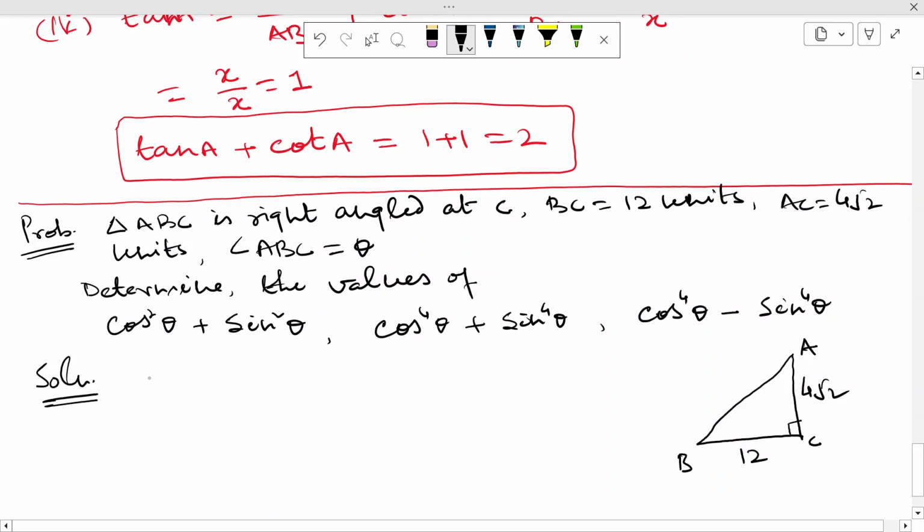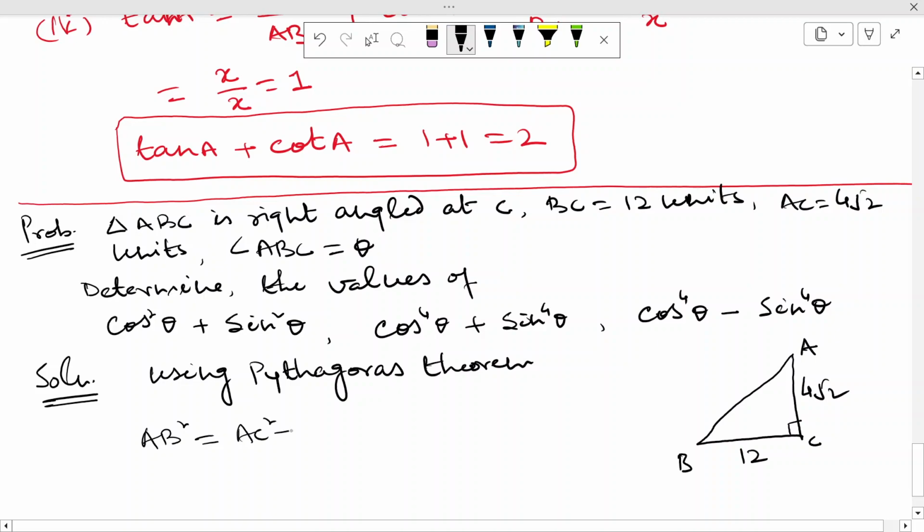Here first of all we use our Pythagoras theorem. So, using Pythagoras theorem, we obtain that AB square is equal to AC square plus BC square.